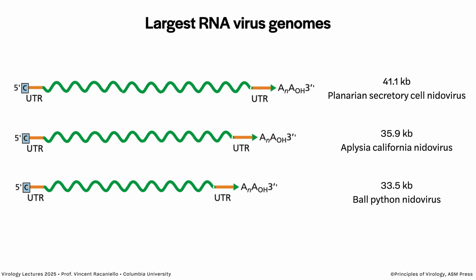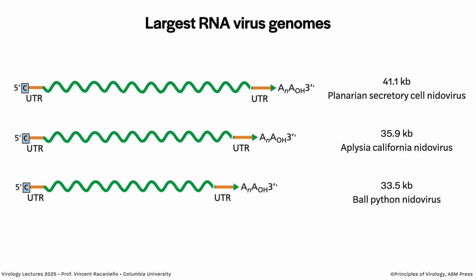And then coronavirus genomes typically are 30 kb. The SARS-CoV-2 genome is about 30 kb in length. But most RNA virus genomes are around 10 to 12 kb in length. They don't get very big. And we'll talk about reasons for that later. But in general, RNA is very fragile compared to DNA, and it can't get very big.